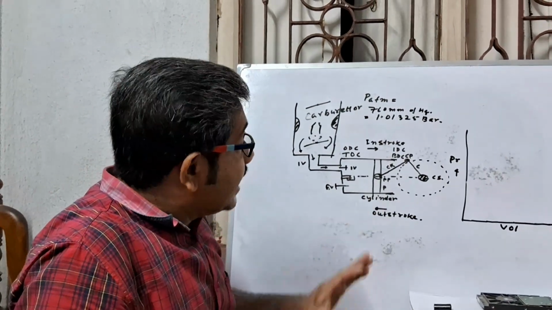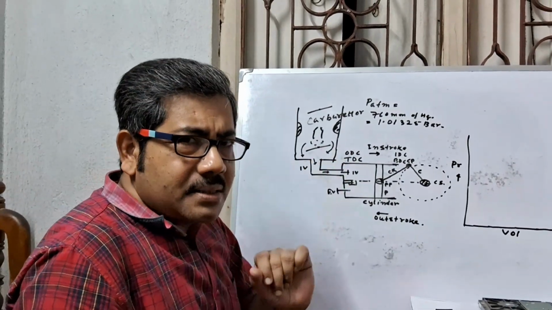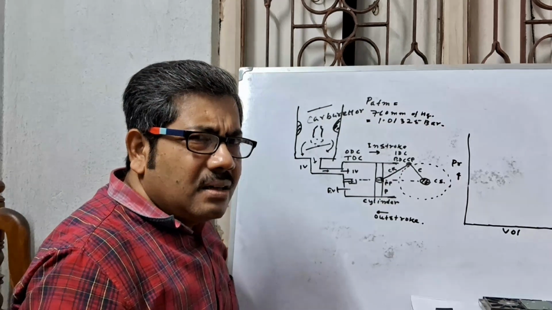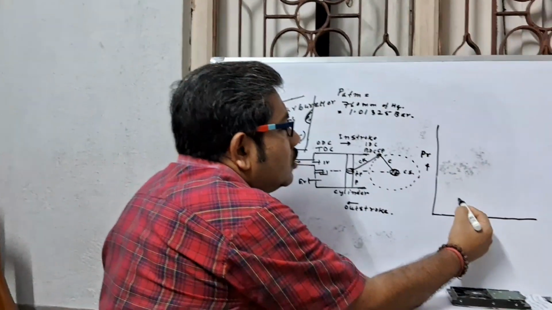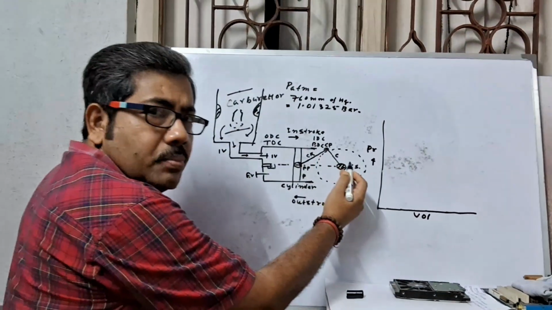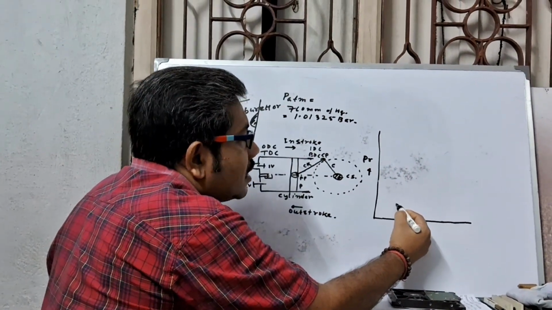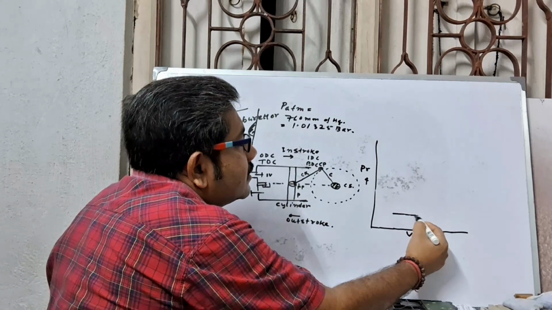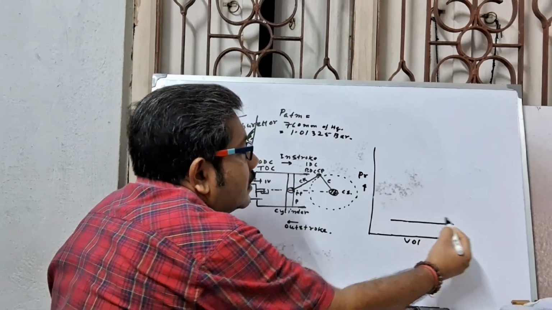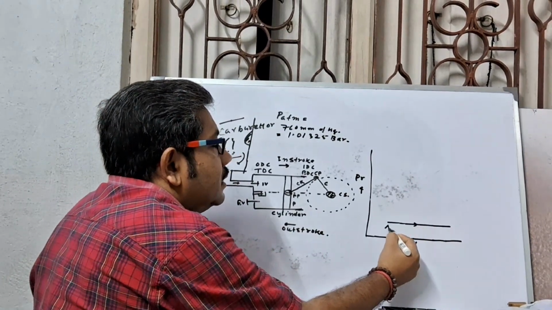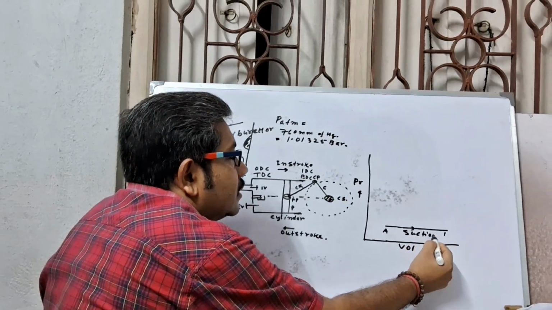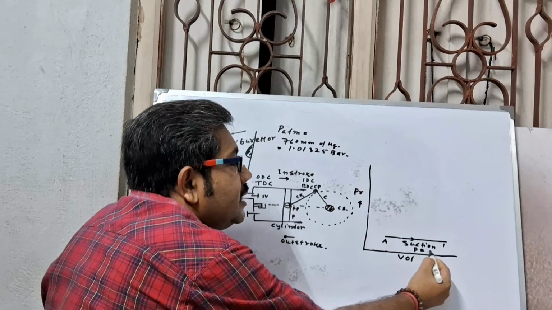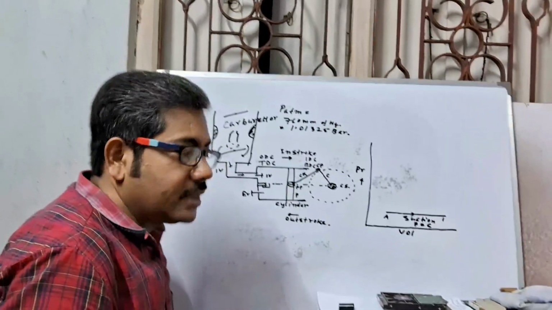But as the cylinder is very small, the pressure can increase slightly. So the piston moves from TDC to BDC and suction starts, and this is suction, that is 1-2 suction, and P equal to C, that means pressure is constant.